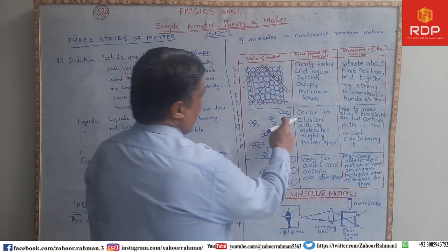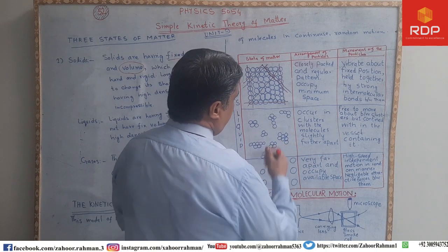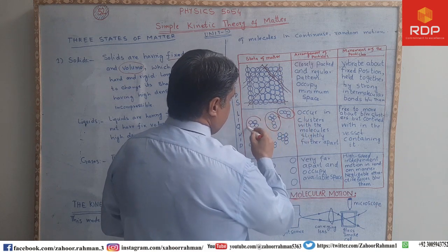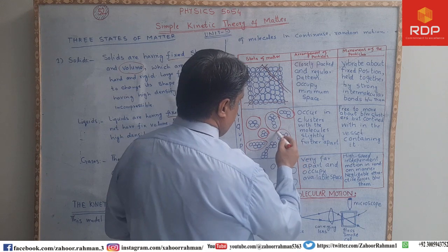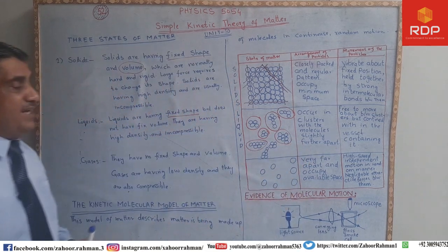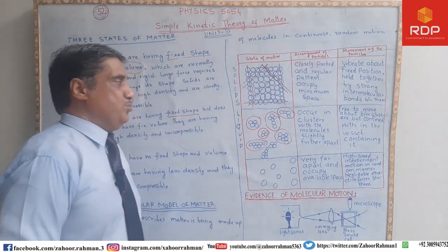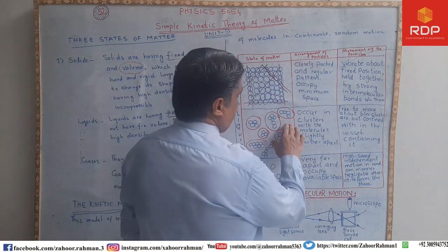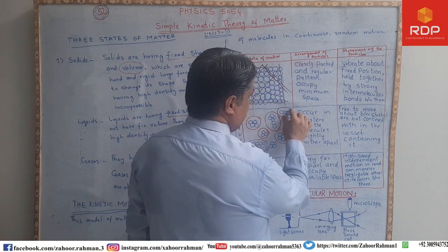The structure of molecules inside the liquids is in the form of clusters. This is a cluster, this is a cluster, this is a cluster, and this is a cluster. They are not that closely packed as compared to the solids. So ladies and gentlemen, keep in mind that it occurs in clusters.